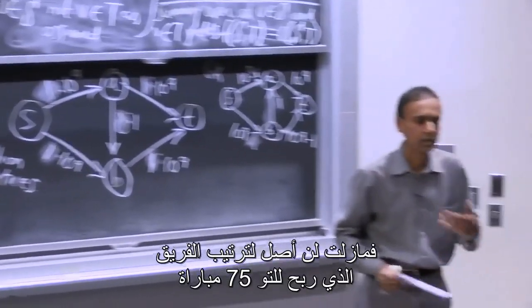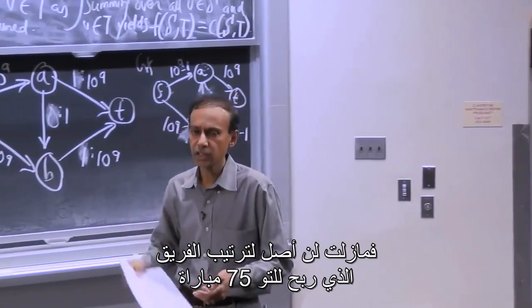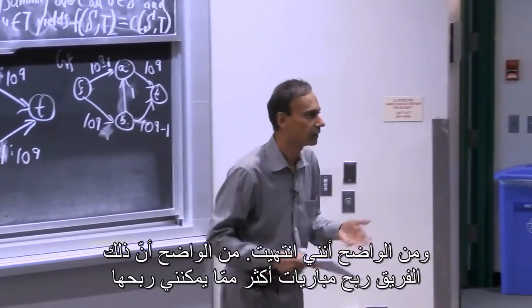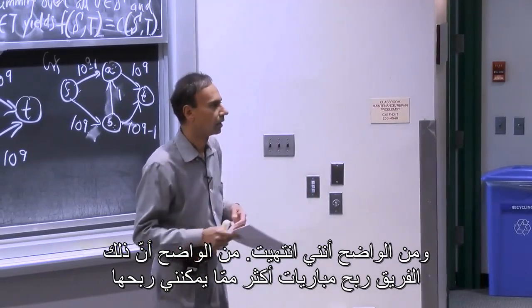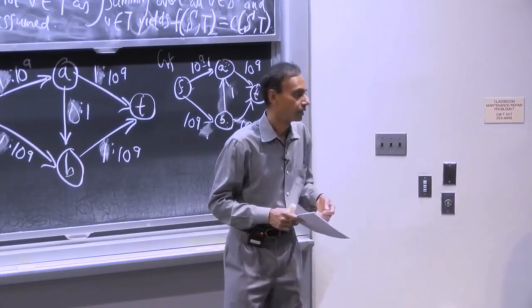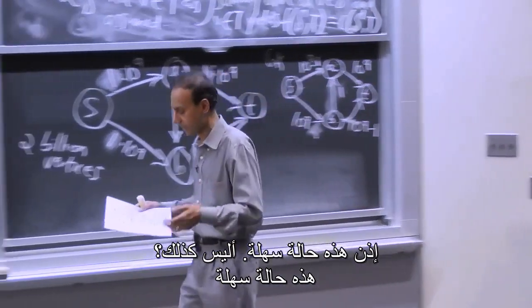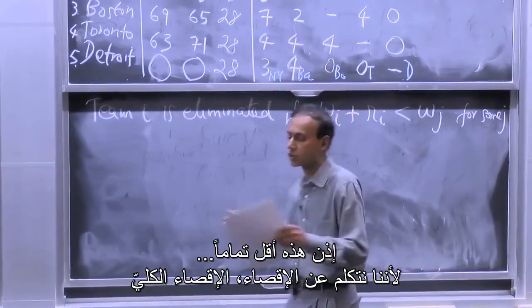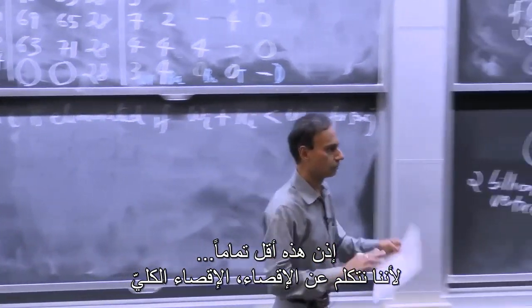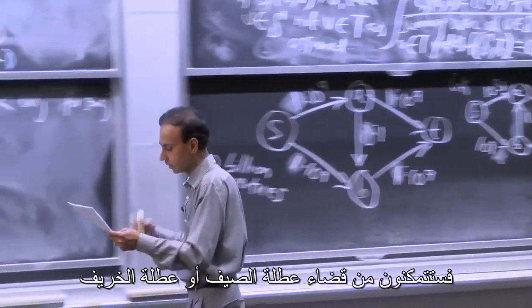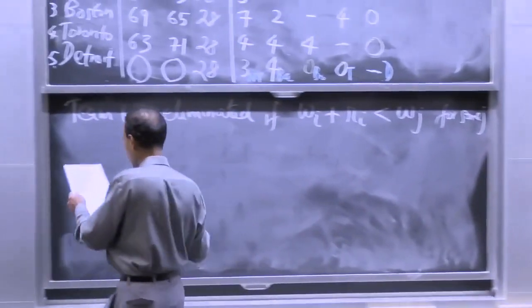So you're just going to say, okay, if I've won all my games, I'm still not going to make it to this team that's already won 75 games. And so clearly I'm done. That team has already won more games than I can possibly win. So that's an easy one, right? And this is strictly less, because we're just talking about total elimination. You get your summer vacation or your fall vacation.